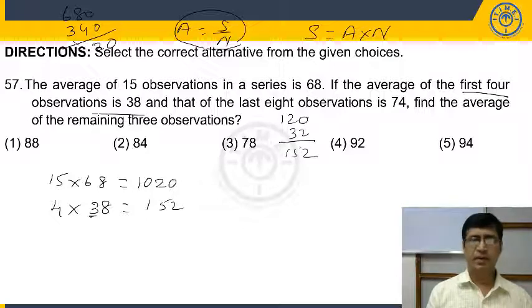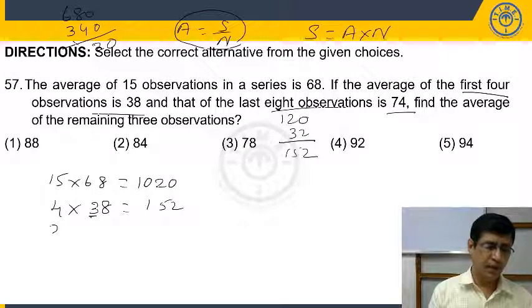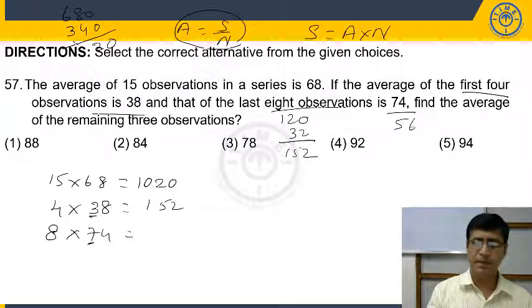Okay, then what is next here? And that of the last 8 observations is 74. 8 observations is 74. 74 means 7 into 8, 560. 7 is the tens digit, so 70 times 8 is 560. And 4 into 8 is 32. How much is it? 592.